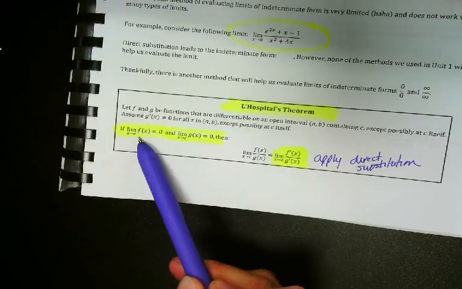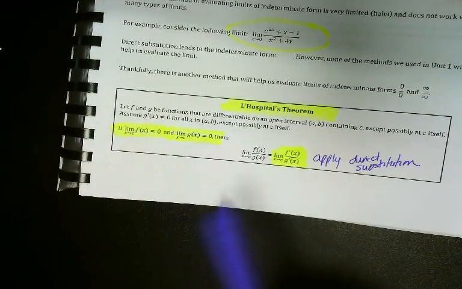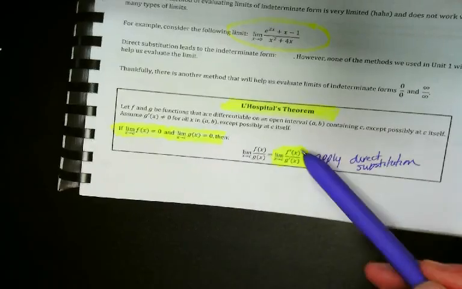So if the limit of the top is 0 and the limit of the bottom is 0, aka indeterminate, you can derive the top, derive the bottom.